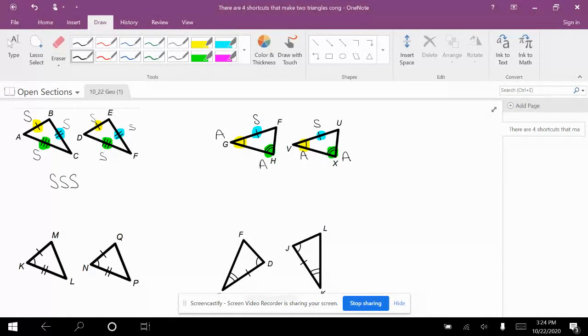But here, this is the tough part. So we have 2 angles and a side. Tenemos 2 ángulos y un lado.